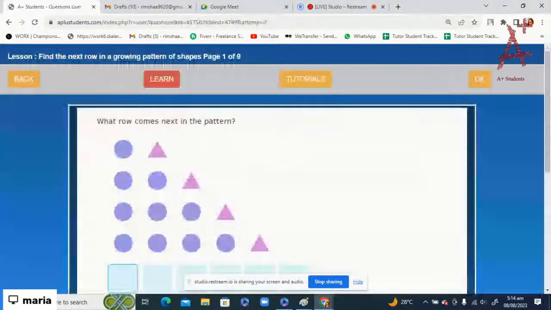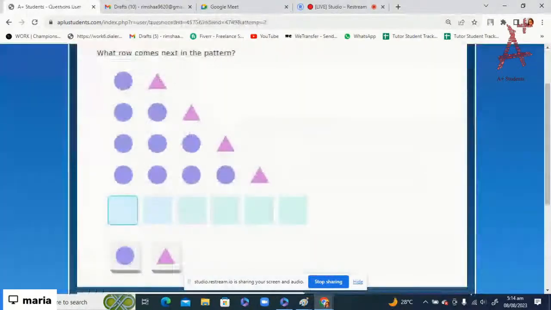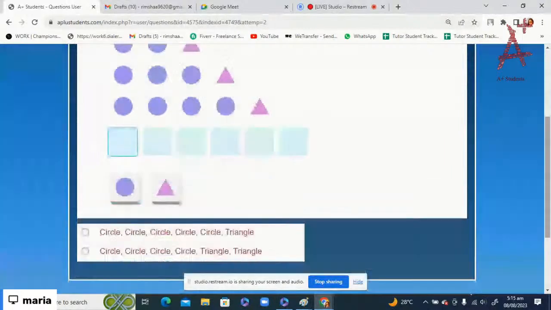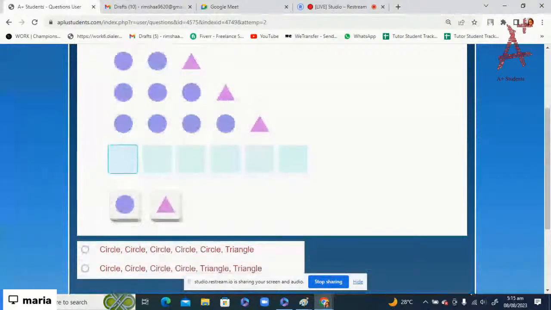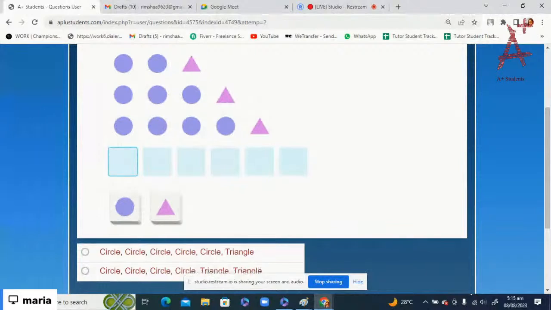One circle and one triangle, two circles, one triangle, three circles, one triangle, four circles, one triangle. Now how many circles? Check it. In the first box, here is one circle. Second box, two circles. Third box, three circles. Fourth box, four circles. Fifth box, five circles and one triangle.